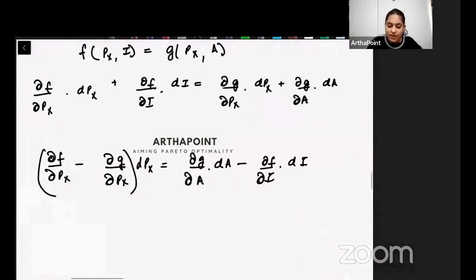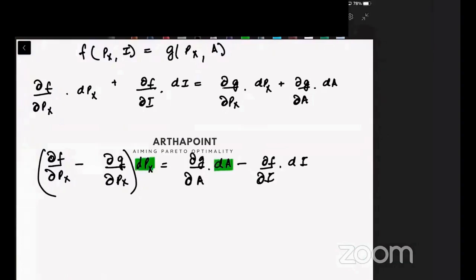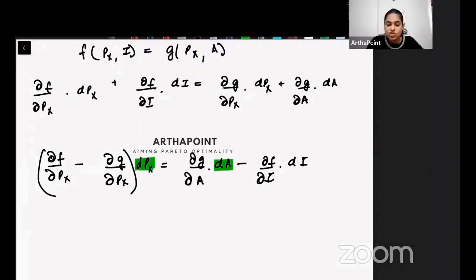If I have to ask how price changes as A changes, it means that I have to put dI equal to 0. That is what the question is asking me to do. So just go ahead and put dI equal to 0.